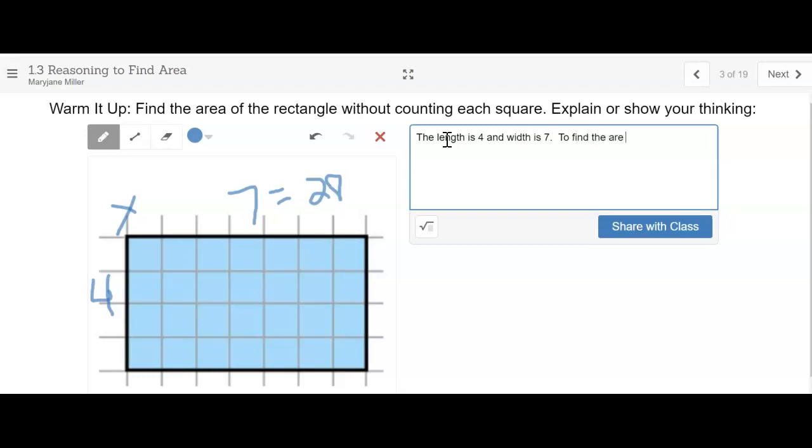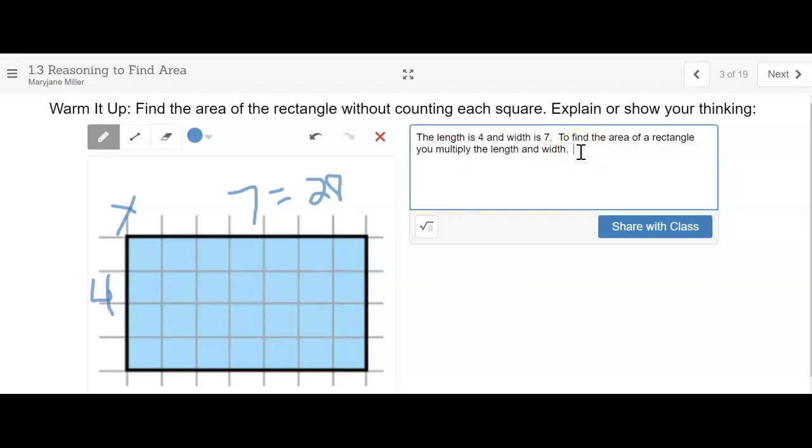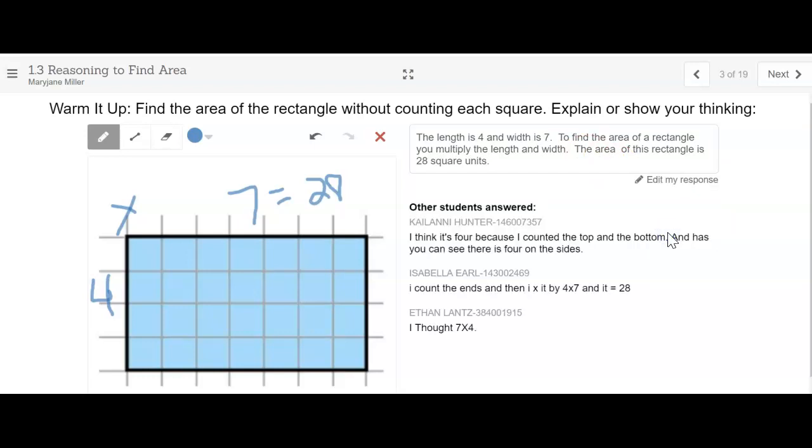To find the area of a rectangle, you multiply the length and width. The area of this rectangle is 28 square units. And then you'd click share with the class. And once you share with the class, you'll see some other student responses.